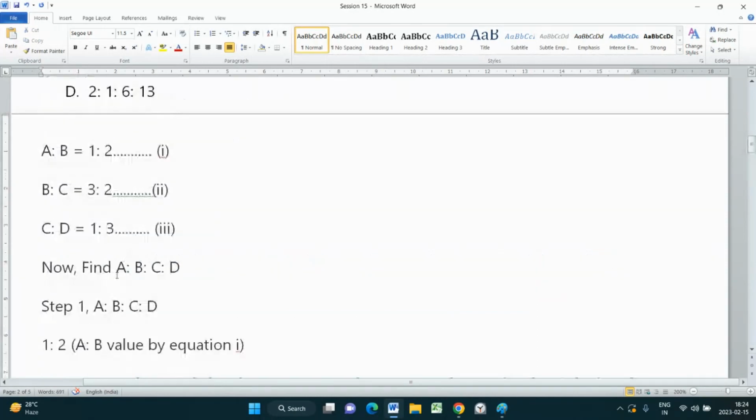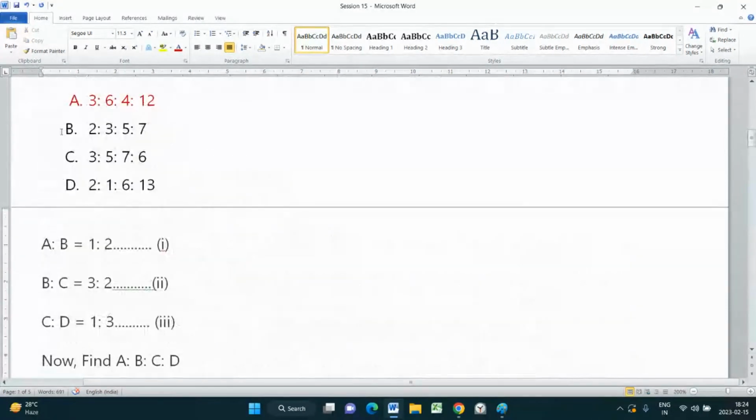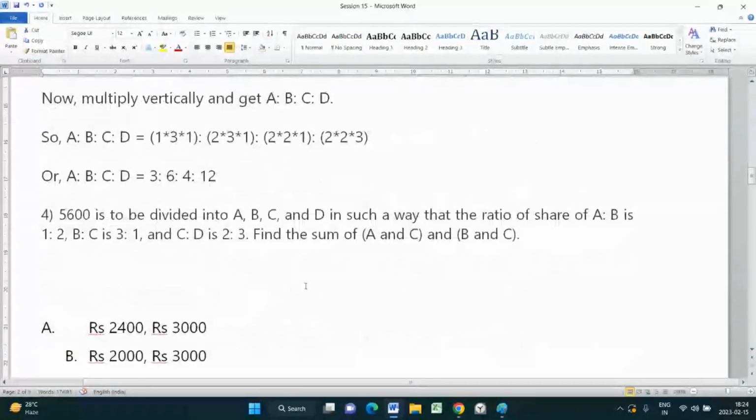It's the same here, we are taking the same ratio. B is to C is 3 is to 1 and C is to D is 2 is to 3. Find the sum of A and B and B and C. This is what we are going to do.